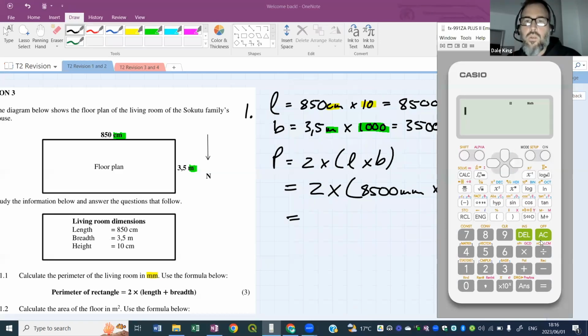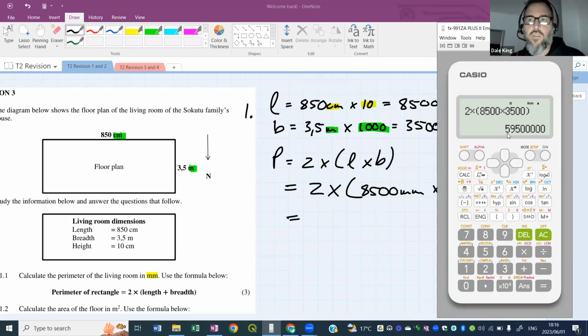Then what's going to happen here is we're going to have 2 times multiply, and I'm going to put the numbers in, 8,500 times 3,500. Okay, just like that, and we get a massive number. Now, if you see a number this big for an answer, I would be concerned. I would be thinking, whoa, I must have done something wrong.